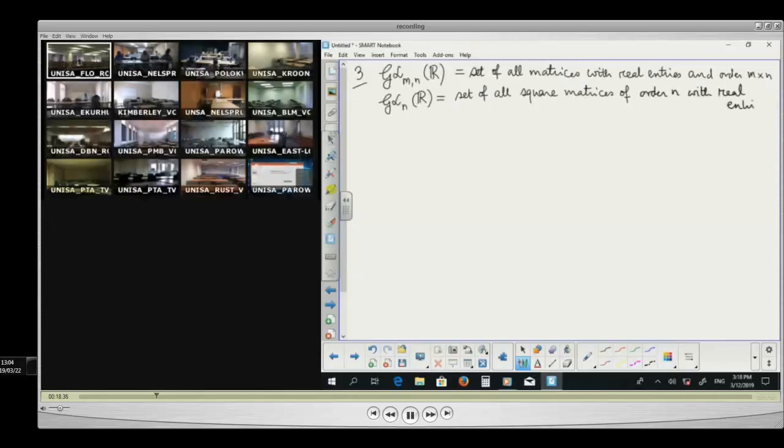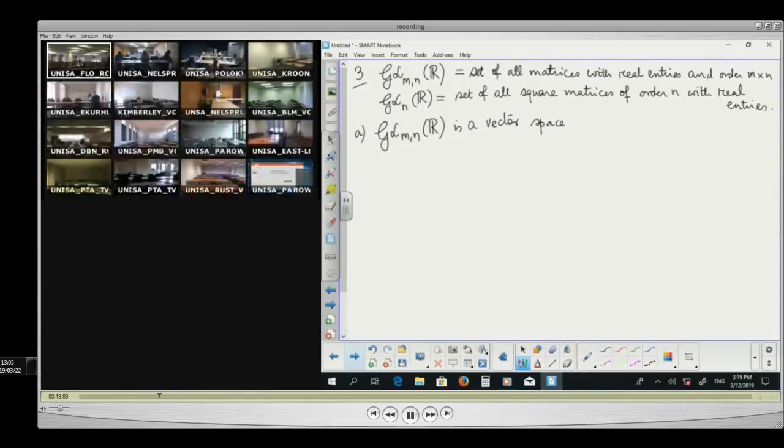Now, two m cross n matrices can be added. You know how to add them. Okay? You know how to scale and multiply matrices. So you know, okay?